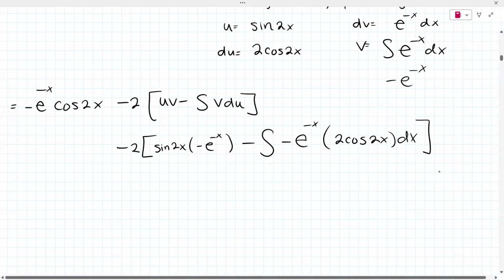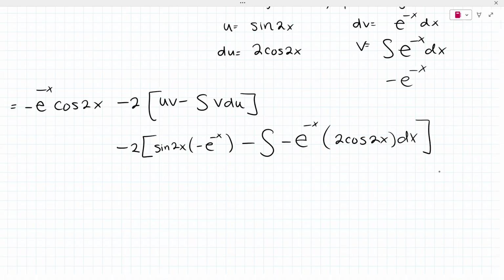So if I FOIL this out, a negative times a negative will be a positive, so it's going to be positive 2e to the negative x sine of 2x. Over here, let's see, you have a negative, and then you have a 2. And then you have this negative 2.